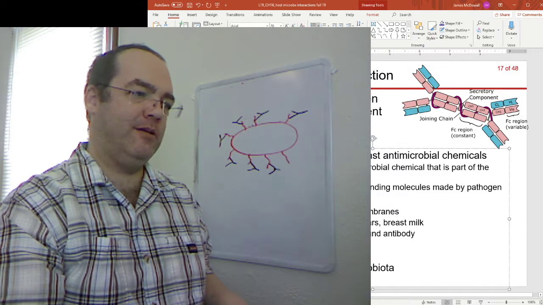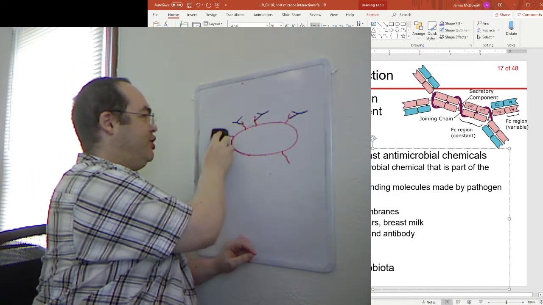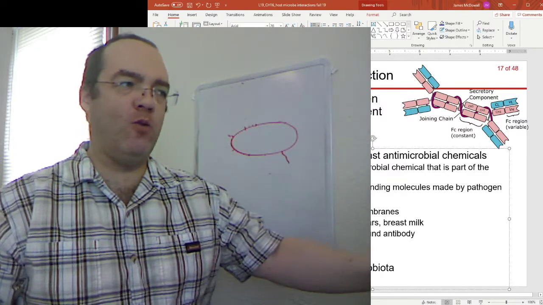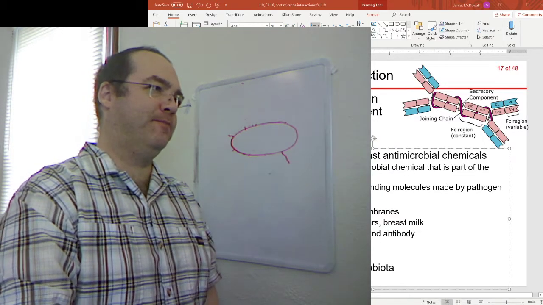Pili turnover and pili shedding means that the bacteria can just shed its pili, and all of the antibody that was sticking to it is now no longer sticking to it.